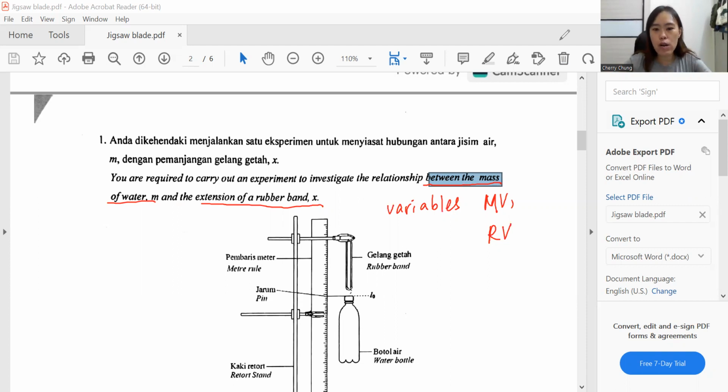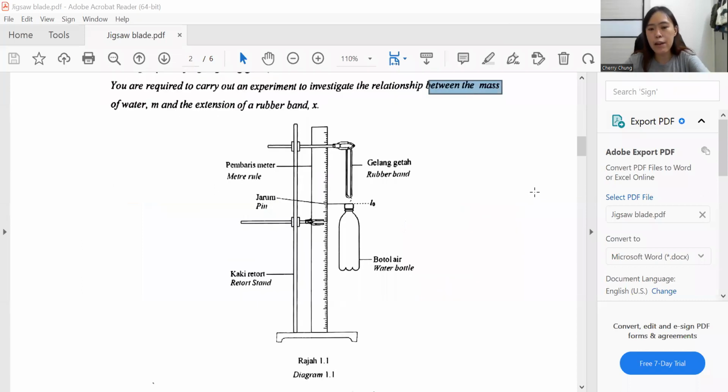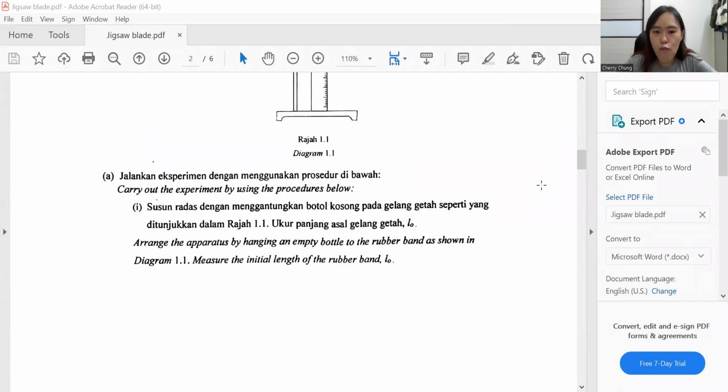Okay, if you look at the diagram here, you will need to follow exactly the procedure they have given you to carry out the experiment. Sometimes the experiment is not exactly what you have done before, or what is in the textbook.